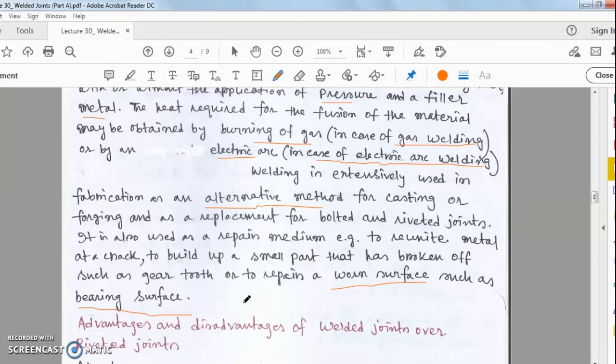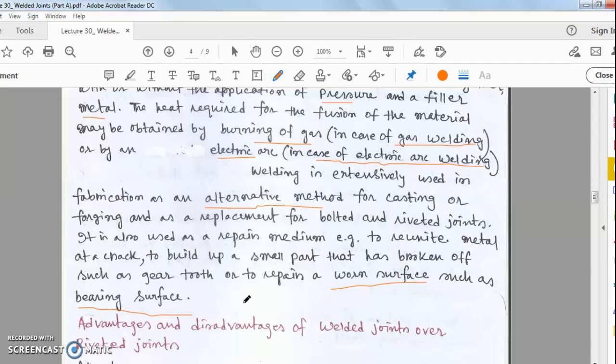As welding is a permanent joining procedure and one of the best joining methods, and the joining strength is much higher, this welding method can replace other fastening or joining methods like riveting, bolting, etc. And also you can see that for repair purposes, welding is best suited.